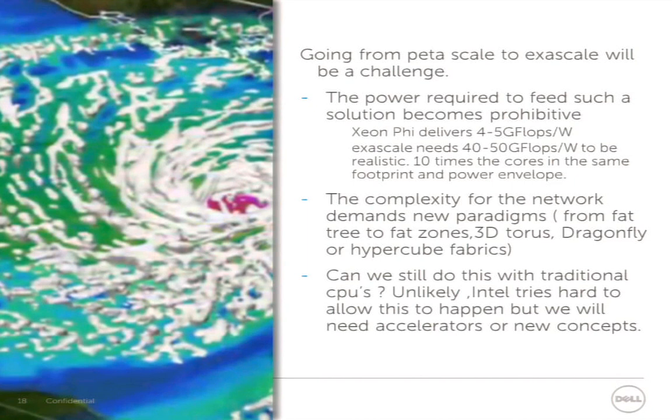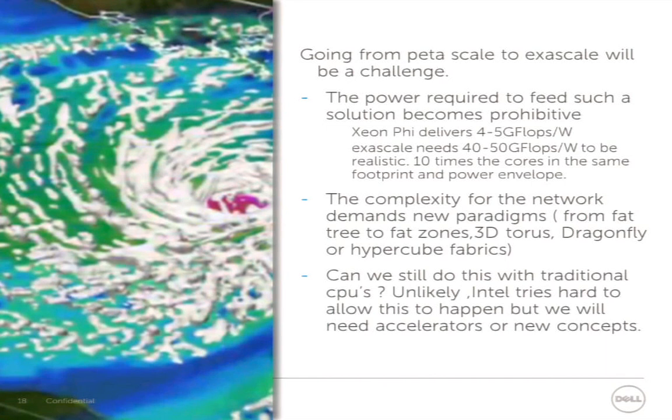Complexity of the network, new paradigms, 3D torus, fat-tree zones. Do we need a full non-blocking system? Does it make sense to have a full non-blocking system? Intuition says we'll run into more problems building a fat-tree topology than using more awareness in the application and in the scheduling system to make sure that the application is well balanced all over the cluster and uses as much as possible the local communication and only goes out to all the application sites or all the instances when it's really needed to.